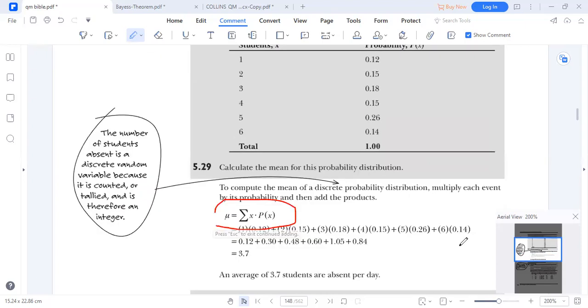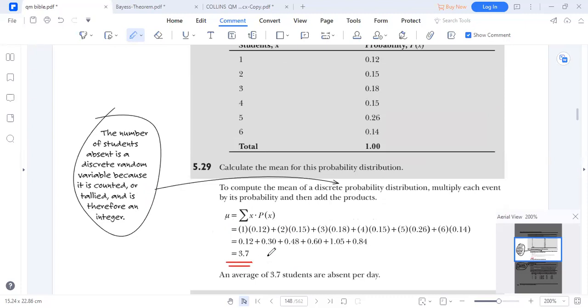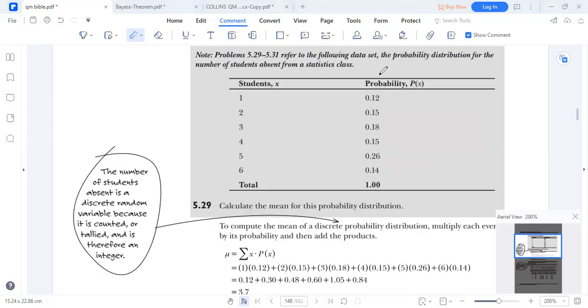It's the same thing. So 1 times 0.12 plus 2 times 0.15 plus 3 times 0.8, until the end, we're going to get 3.7. Are we together at that point? Yes. If there's anyone behind, just raise your hand so that I explain to you.